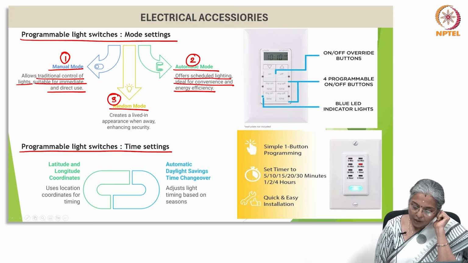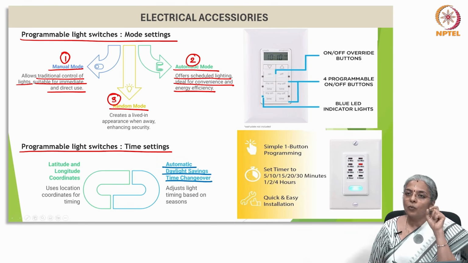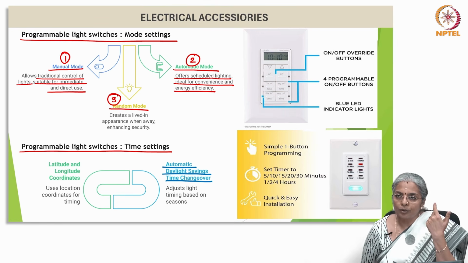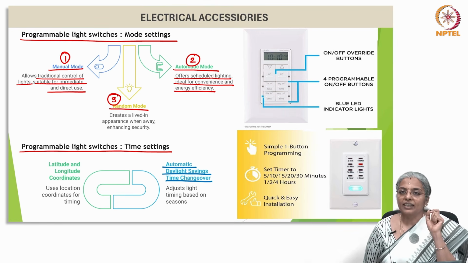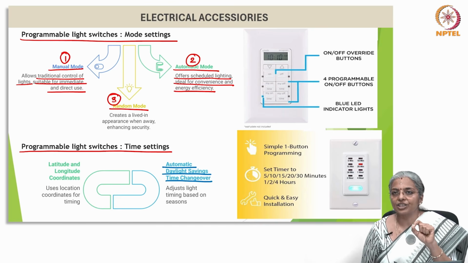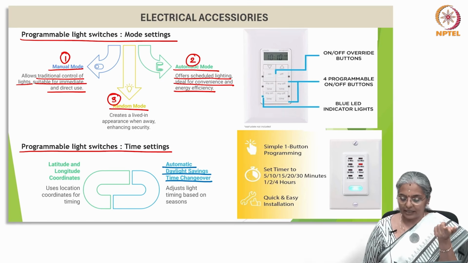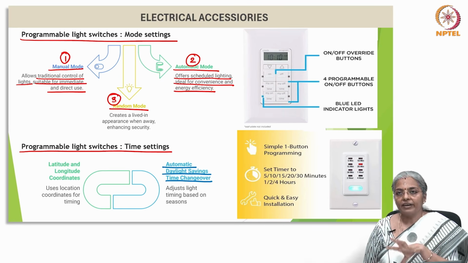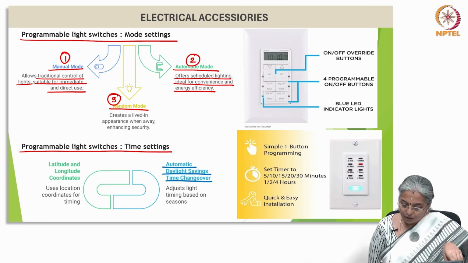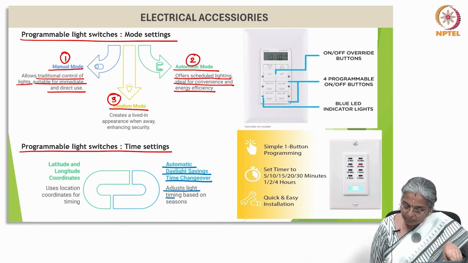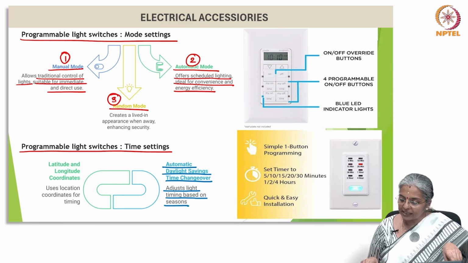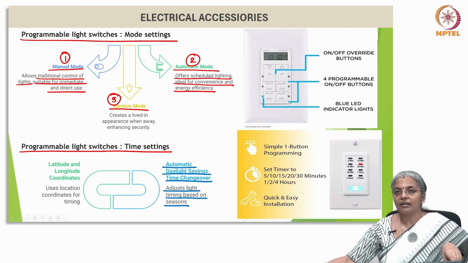First is the automatic daylight saving time changeover. When this setting is on, the time the lights go on and off automatically changes depending on the season. For example, winter or summer. So, this adjusts light timing based on seasons or based on the lighting levels.